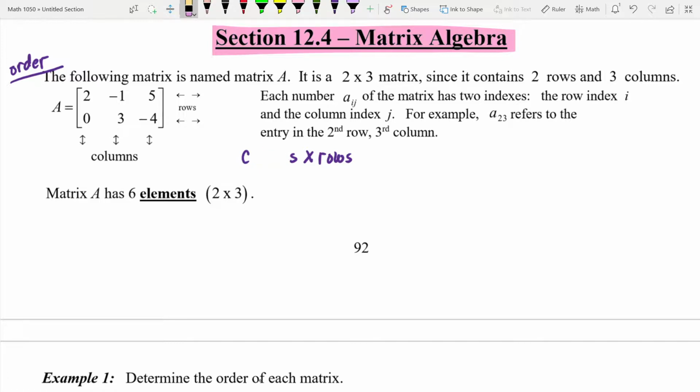Sorry. It's not columns by rows. It's actually rows by columns. So if you look at this matrix A, you have 2 rows and you have 3 columns. So it's a 2 by 3. And if you multiply 2 times 3, you get a 6. And if you look inside that matrix, there are 6 things inside of that matrix.